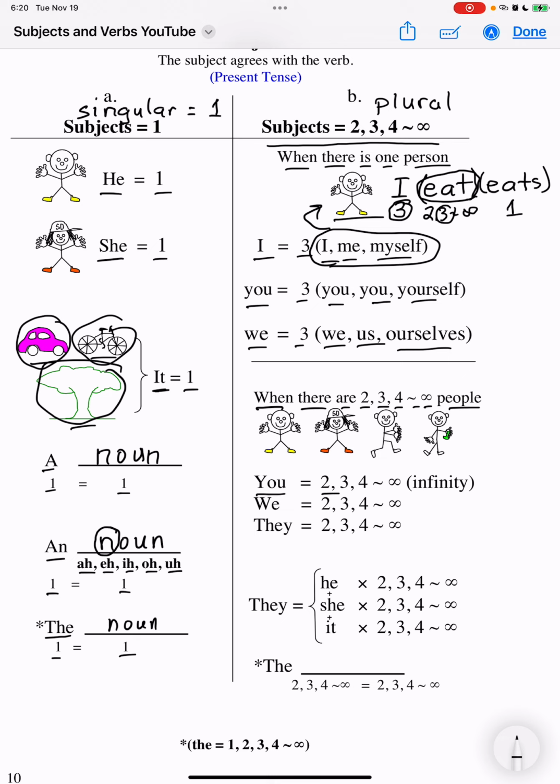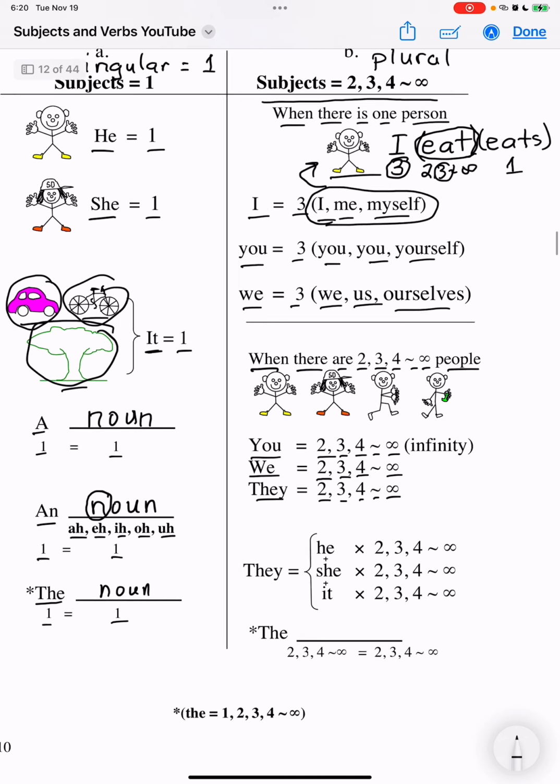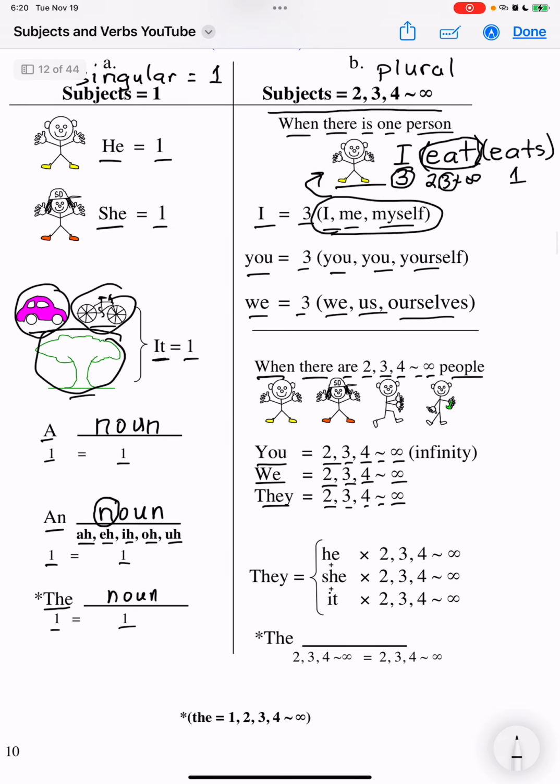Okay, and then next, when there are 2, 3, 4 to infinity people, so you, of course, is going to be 2, 3, 4 to infinity people. We is going to equal to 2, 3, 4 to infinity people, and they equals to 2, 3, 4 to infinity people. So that's just normal. Okay, and then we got one more. Here, they. Now they is going to be he, which is one person, times 2, 3, 4 to infinity, and that will make it plural.